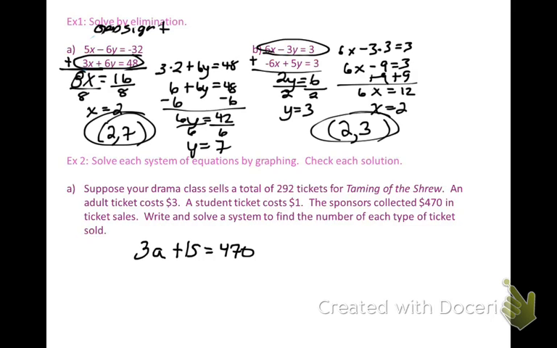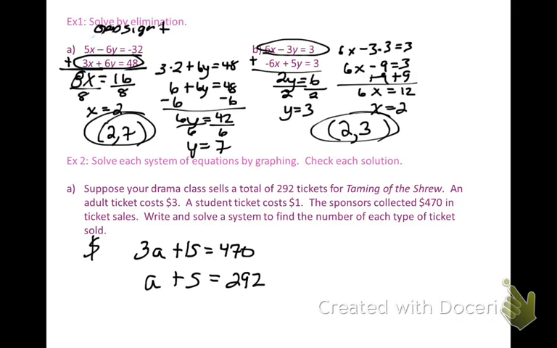So all of this has to do with money. Everything has to do with money on this first one. The second one is I sold adult and student tickets, and I sold 292 of them. We're not sure how much of each, but right now this is the system we have.